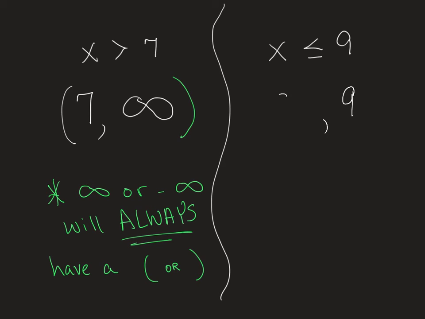Again, we're going to use infinity, but because it's the smaller amount, we're going to use negative infinity. And let's remember my note: infinity or negative infinity will always have a parenthesis. So this one gets a parenthesis. My 9, let's see what this one gets. I have a less than or equal to, so that means my 9, on the other hand, gets a bracket.